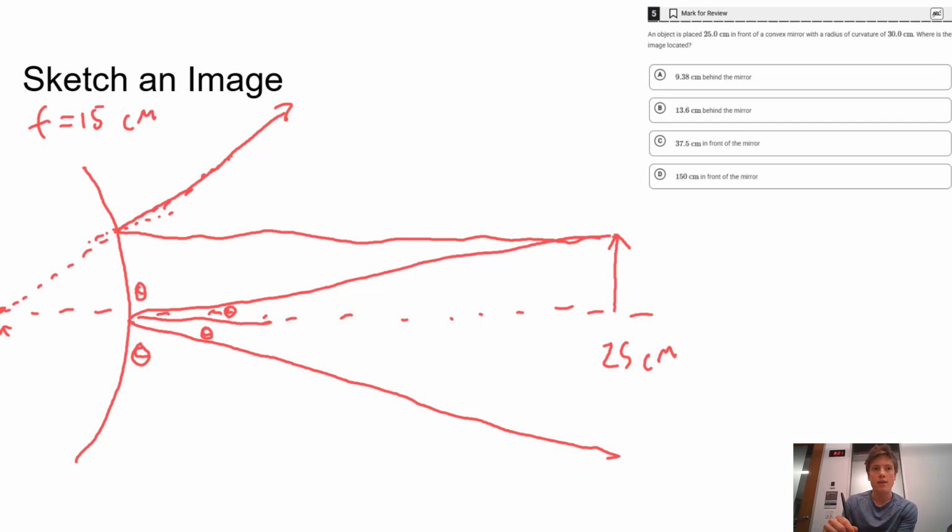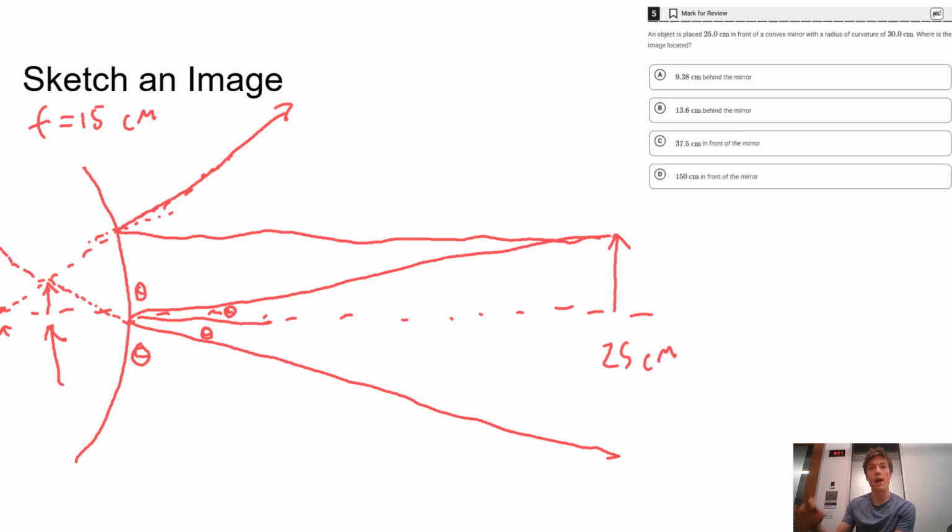And then this will form not a real image, kind of like a fake image, and it will form it here, behind, because we can see where the two lines essentially converge. Those two lines converge behind the mirror, making this image that forms right there.